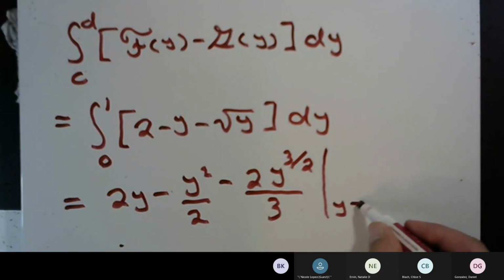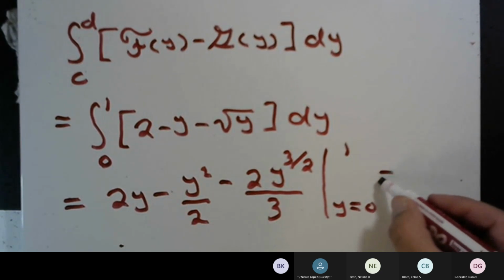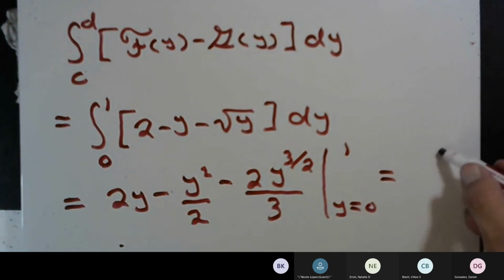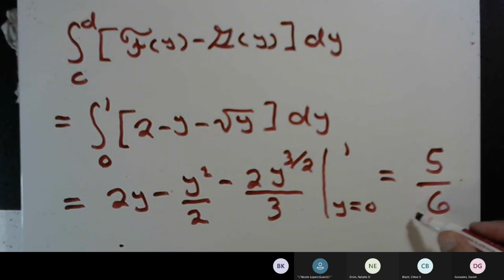And this is going to be evaluated from y equals 0 to 1. And if you were to hammer that out, you'll get 5/6.